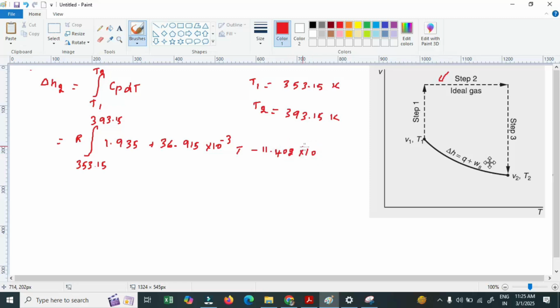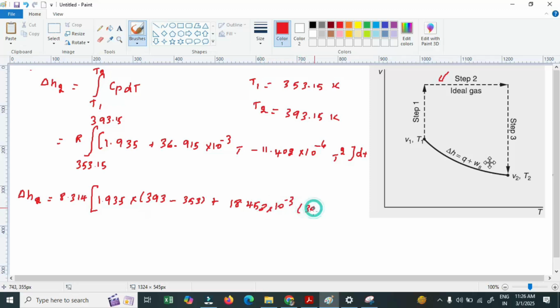I'll be doing the integration directly here, so I don't want to waste your time. Del H2 will be equal to 8.314 times 1.935 multiplied by (393 minus 353) plus 18.458 multiplied by 10 power minus 3 times (393 power 2 minus 353 power 2), minus 3.801 multiplied by 10 power minus 6 times (393 power 3 minus 353 power 3).